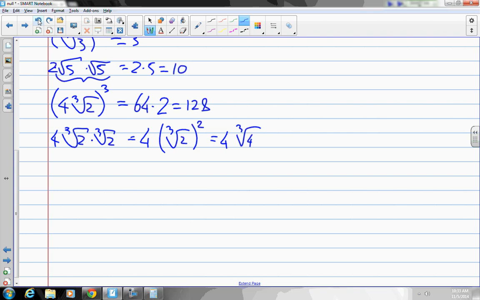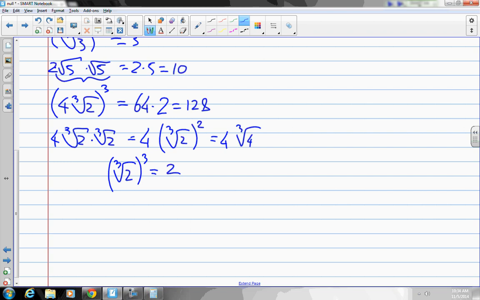Do we see why that cube root didn't go away? Well, because in order for the cube root to go away, I need a power 3, right? So I need 3 of those things. I only have 2, right? If I had the cube root of 2 cubed, that is 2.